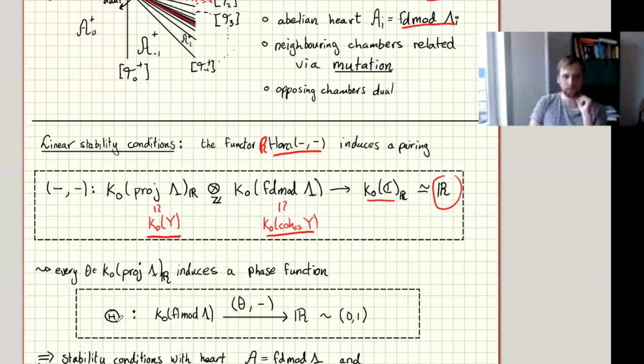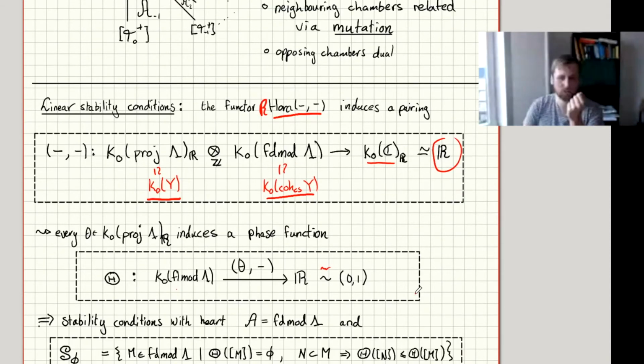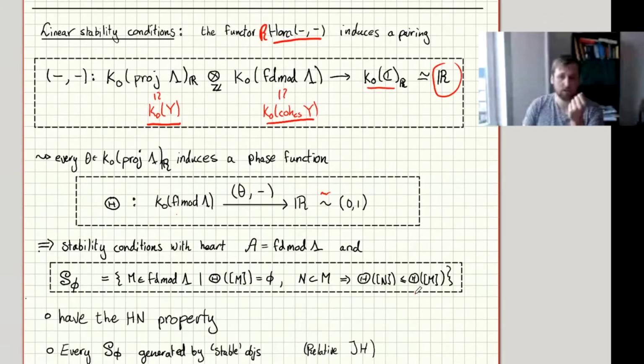So we can define some sort of phase function which maps a class to its inner product with a K-theory class, and then do some sort of monotonic thing to go from the reals to the actual interval, which I won't bother with. So we have some sort of phase, and then we can give the actual condition.